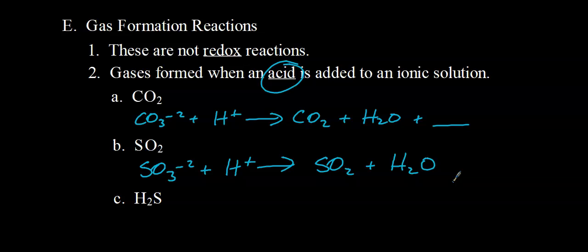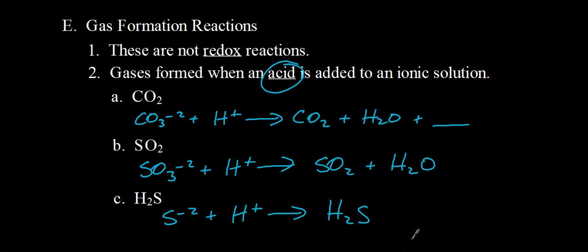This gas is responsible for the smell of rotten eggs. This gas is produced in the reaction between a sulfide, so be careful, sulfite versus sulfide, sulfide with an acid. This time we only get two products, so there's no water produced in this reaction.